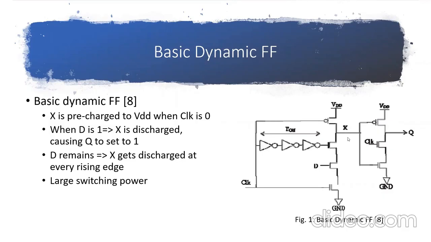When D, which is the data coming into the flip-flop, is 1, X becomes discharged, causing Q to set to 1. If D remains the same, then X gets discharged at every rising edge. One drawback of this basic dynamic flip-flop is that it has a large switching power, which is not ideal for low power application.